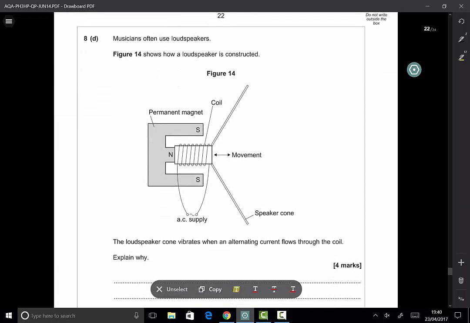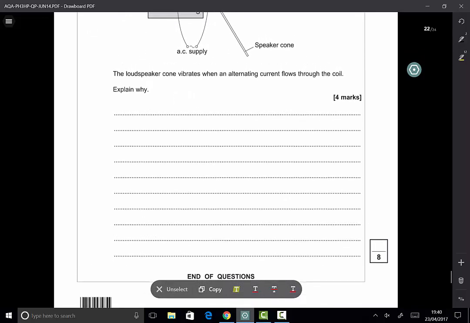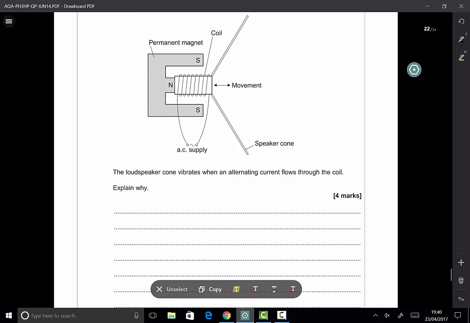Musicians often use loudspeakers. Figure 14 shows how a loudspeaker is constructed. The loudspeaker cone vibrates when an alternating current flows through the cone. Explain why.